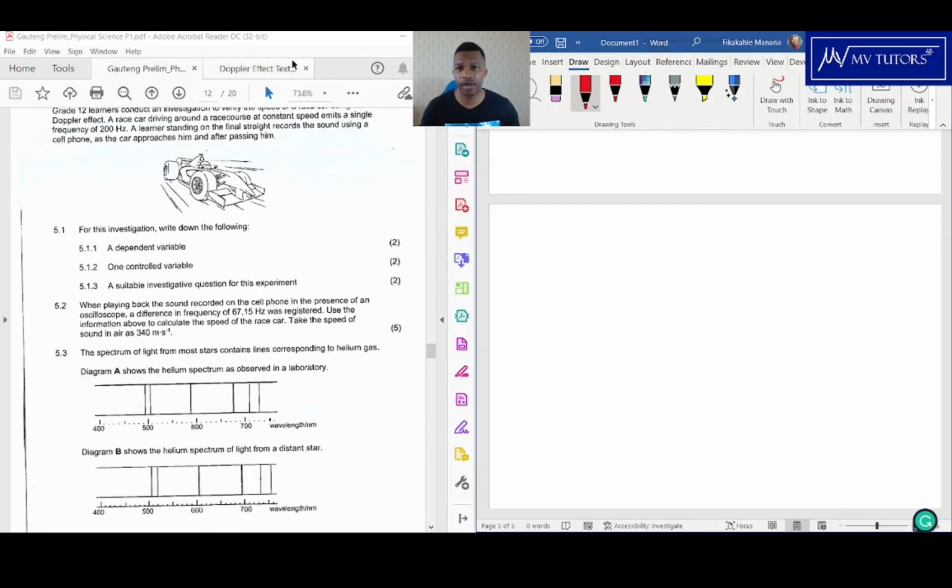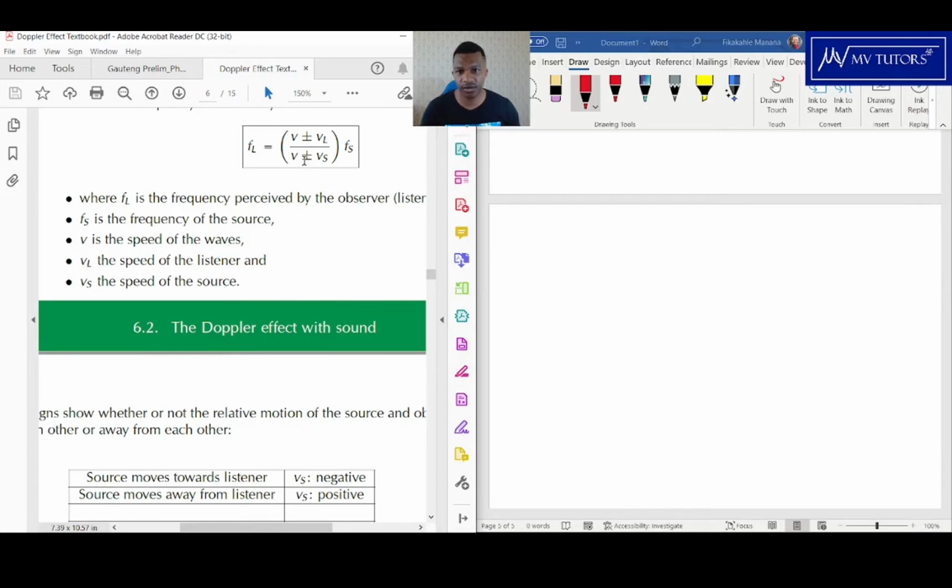But first of all, let's take a look at the formula that we'll be using. Now, this is the formula for the frequency of a listener. Either the source is leaving or coming towards. But take note here, if the source is moving towards the listener, then the Vs is negative. But if it is moving away, then the Vs is positive.